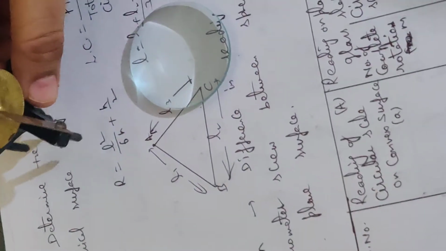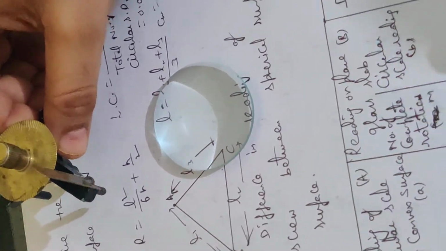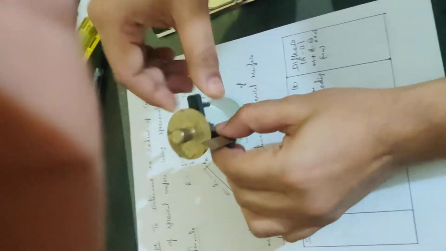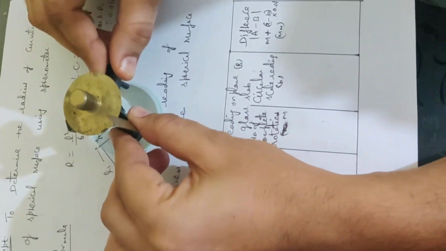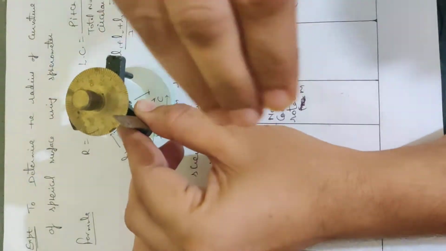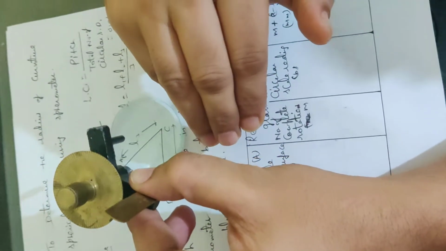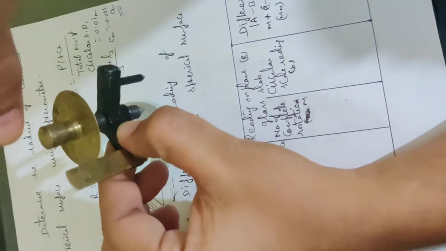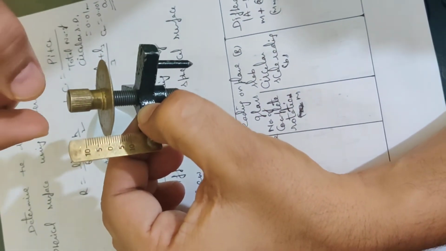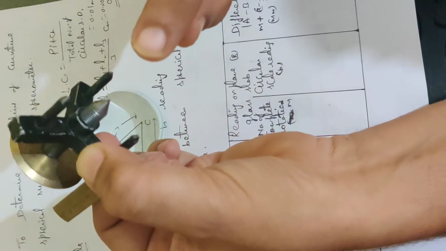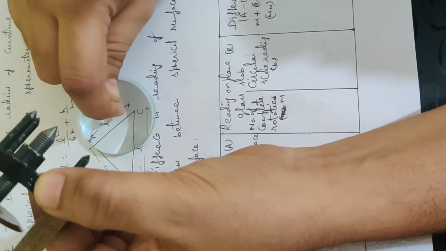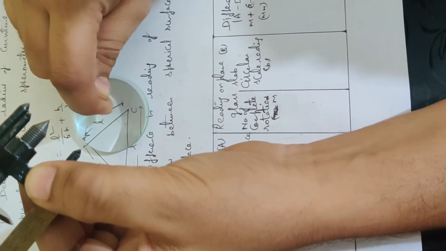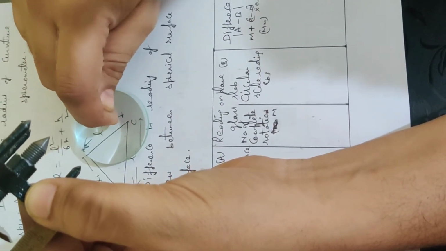What do we need to do? Firstly, I will put the spherometer over this convex lens. As it is curved upward, I have to lift this screw upward so that its bottom will just touch the convex lens at the tip.